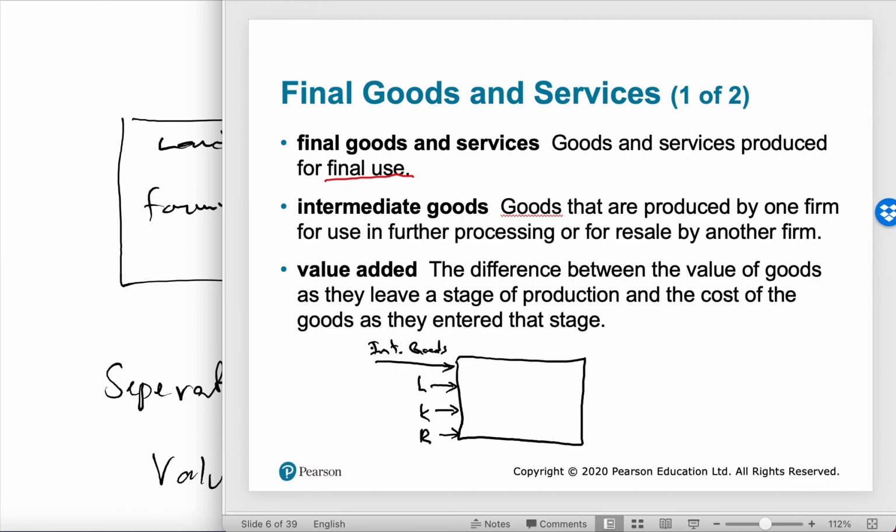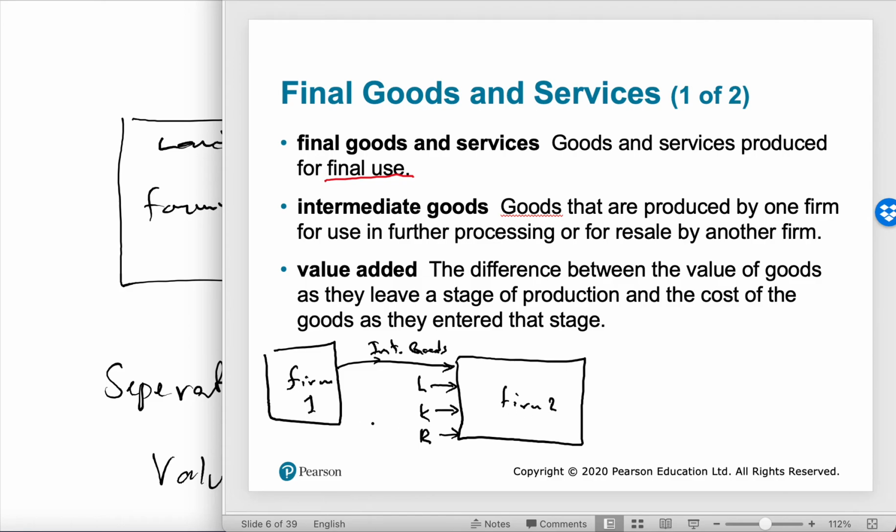This may be materials such as wheat in the flour mill or crude oil for the refineries. So this is buying intermediates from the previous stage. The previous stage made this, so this is firm 1 and this is firm 2.